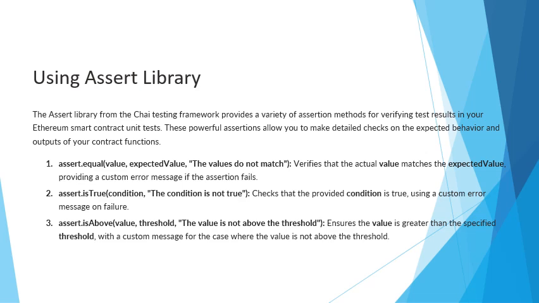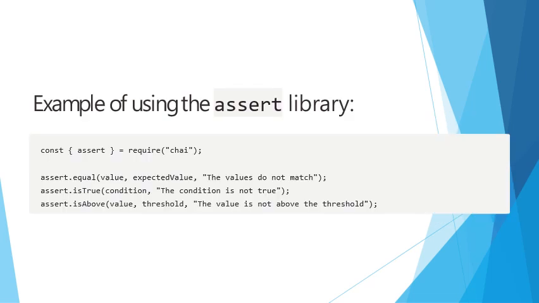The assert library from the Truffle testing framework provides a variety of assertion methods for verifying test results in your Ethereum smart contract unit tests. These powerful assertions allow you to make detailed checks on the expected behavior and outputs of your contract functions. assert.equal verifies that the actual value matches the expected value, providing a custom error message if it fails.